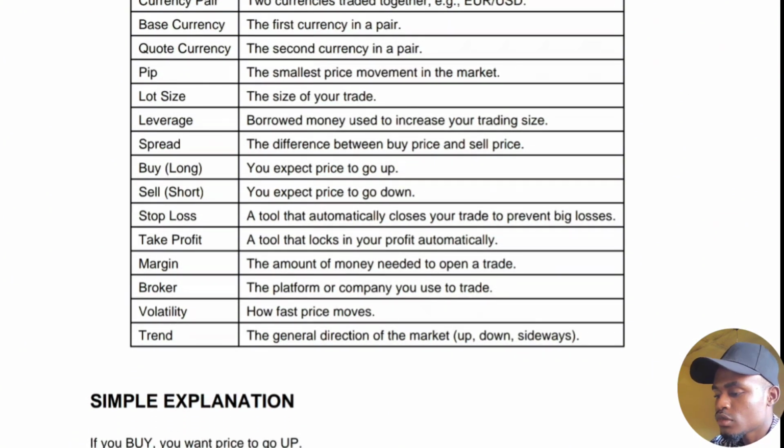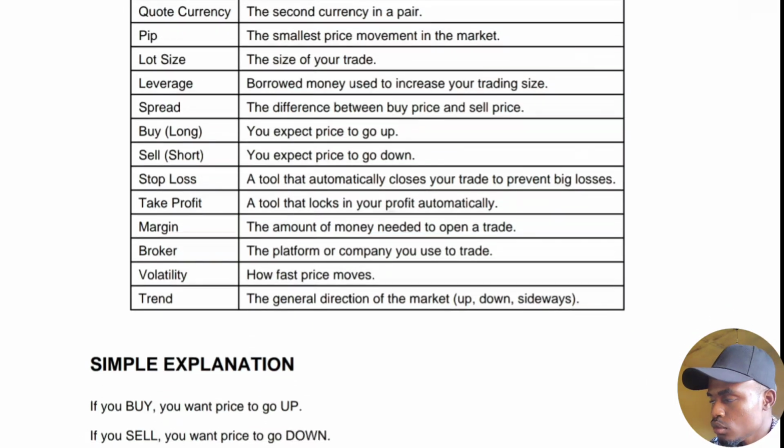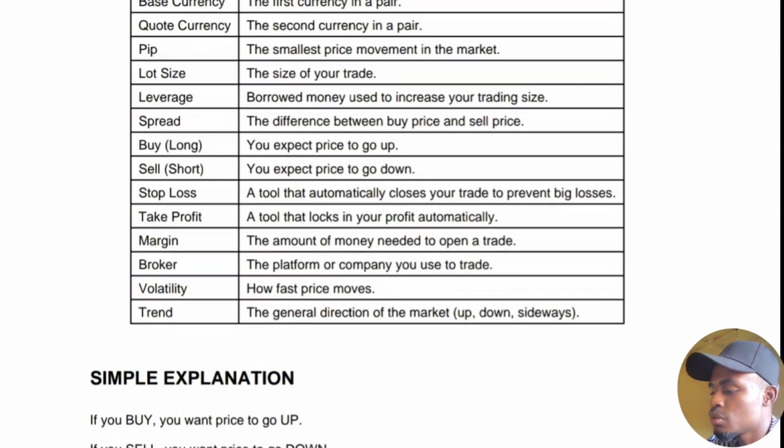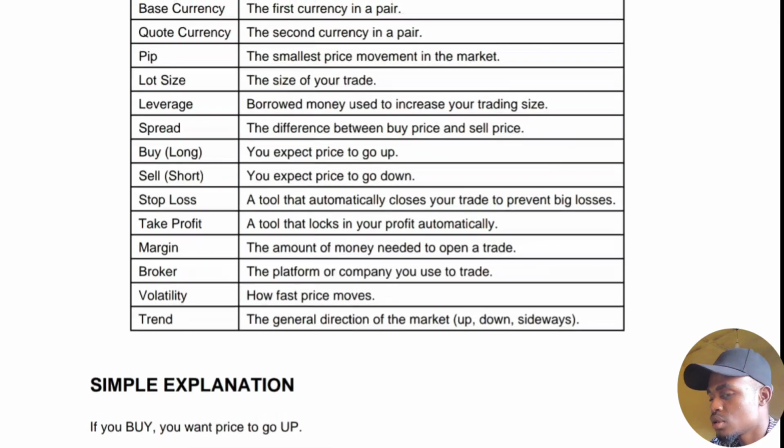Then we have the margin. When we talk about the margin, we are talking about the amount of money needed to open a trade. Let's say a $10 account, and we're always using $10 because most of us are small retail traders. Depending on the current price of the market, one position might take up to $2 to $3.